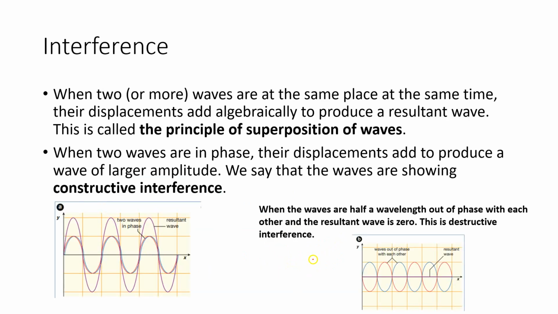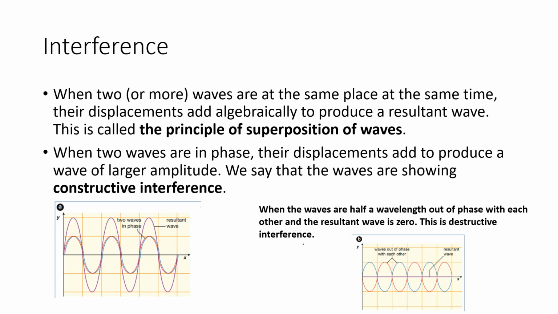All right. Now another characteristic we should talk about. All waves should be able to go through this process of interference. Interference, as the name suggests, is when things come together.